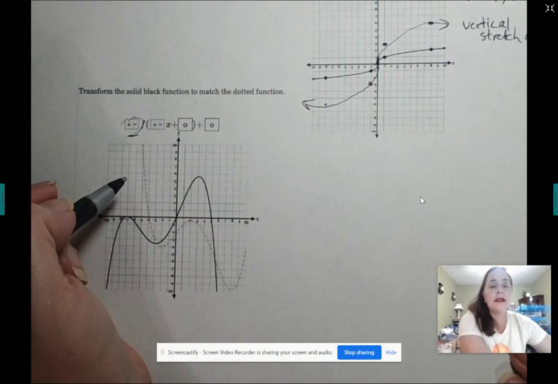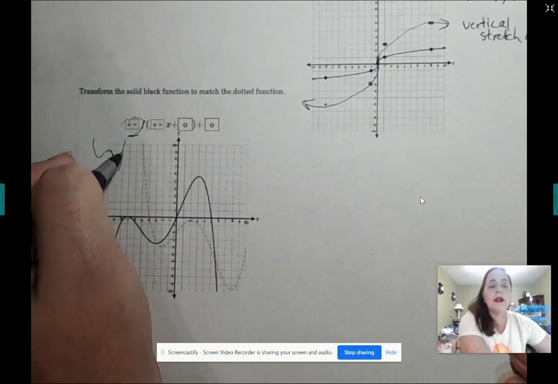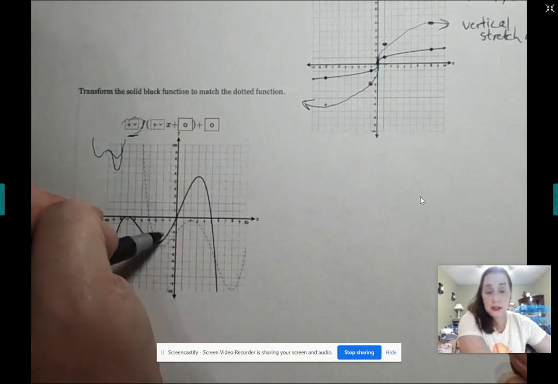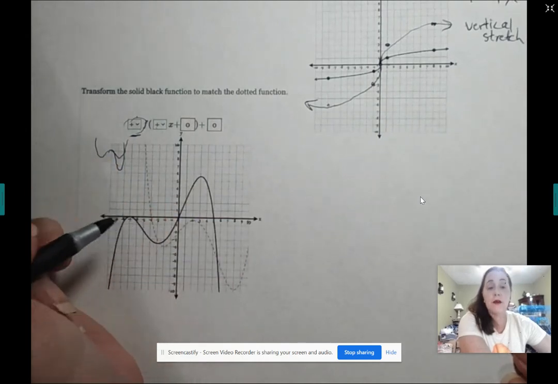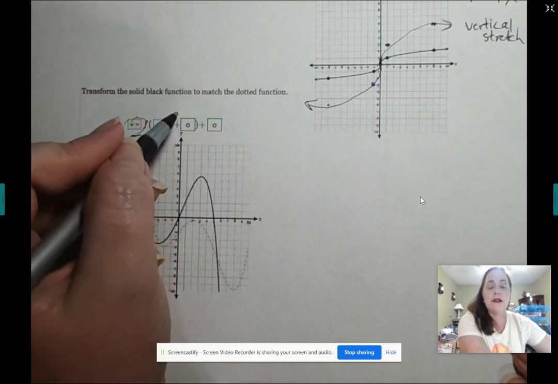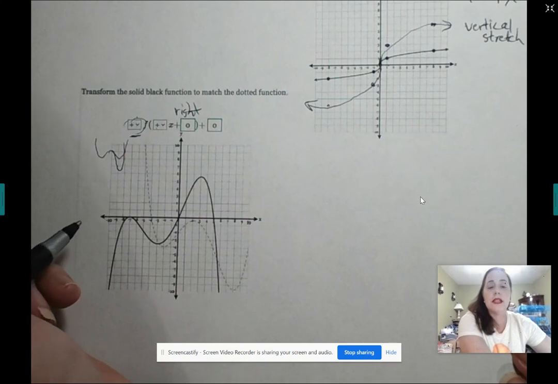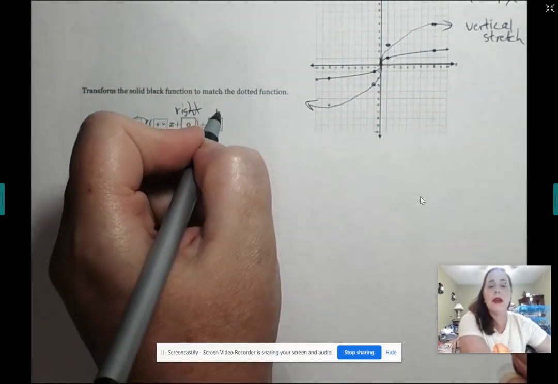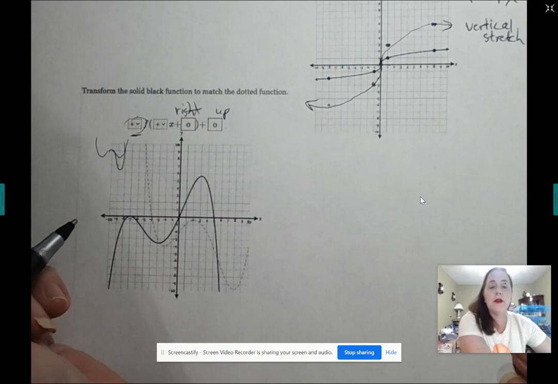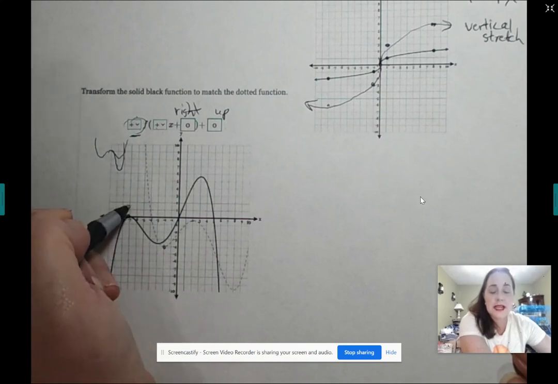When I do that, it would look like this, or it's a little lower, sorry, like that. That's good because that looks like the direction of this particular one, but then I also need to shift it. I need to shift it right, and I need to shift it, I think, slightly up. And so play around with the numbers. You can always look at a point, like this point is going to become this point when I flip it upside down.